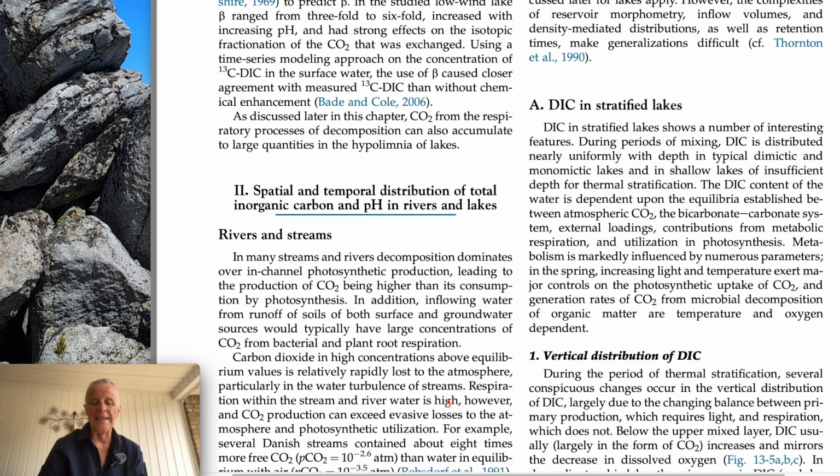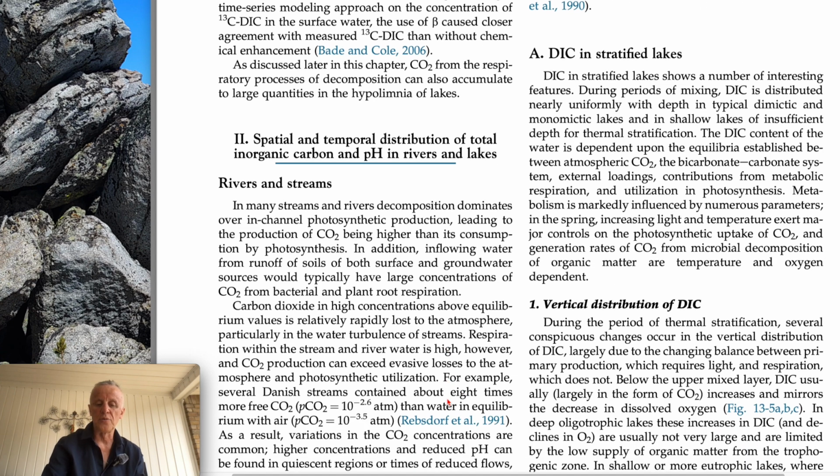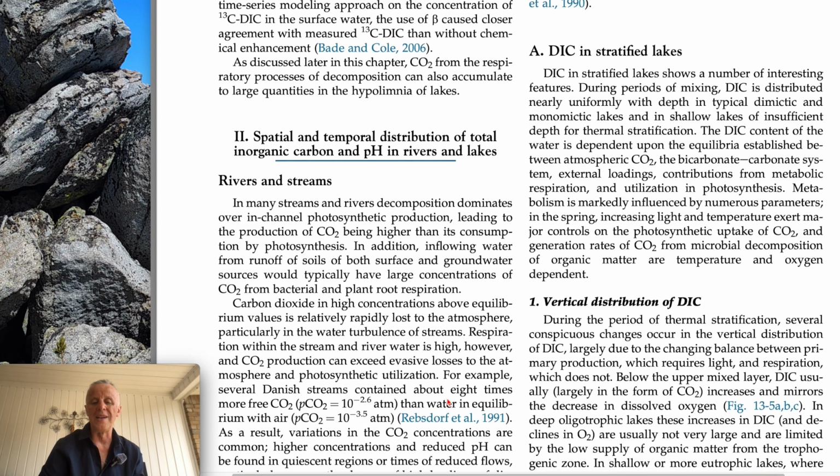Carbon dioxide in high concentration above equilibrium values is relatively rapidly lost to the atmosphere, particularly in the water turbulence of streams. Respiration within the stream and river water is high, however, and CO2 production can exceed evasive losses to the atmosphere and photosynthetic utilization.